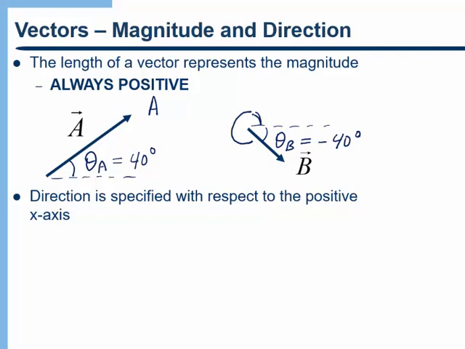Obviously that's not wrong, but it's more convenient to use the negative angle, as we'll see when we get into doing physics problems. All right, let's look at vector C. What is the angle for vector C? Well, it's the angle with respect to the positive x-axis. So notice that theta C would be 180 degrees.